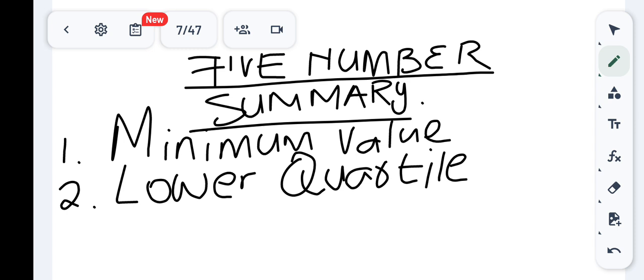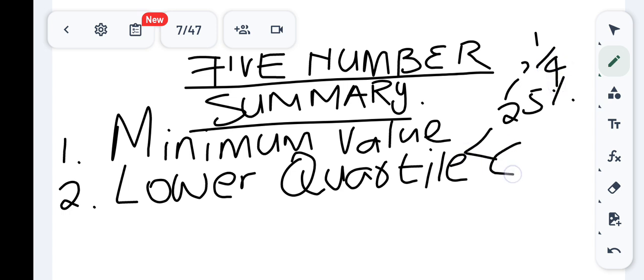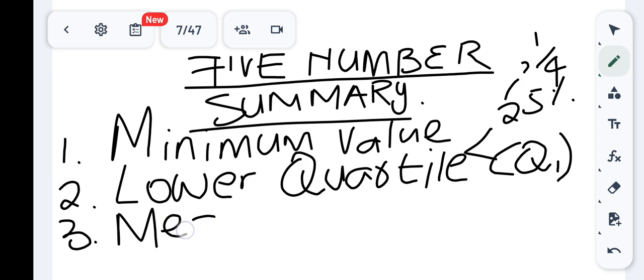So lower quartile in this case will contain 25%, and 25% is 1/4. Okay, so lower quartile is denoted by Q1. That is the second number summary, and then the third number summary is median.